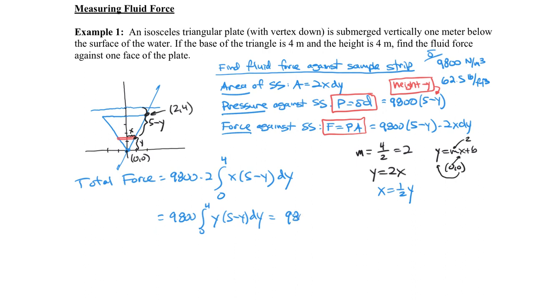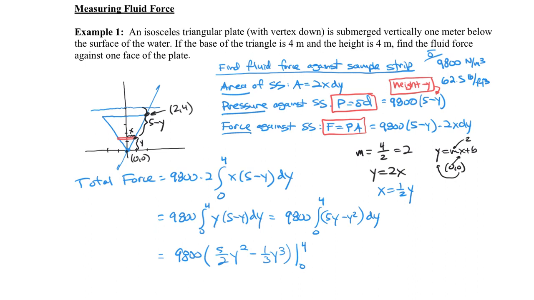which is 9800 times the integral of 5y minus y squared dy from 0 to 4. I guess this one's easy enough. We can just go ahead and integrate. We get 9800 times, we just have the power rule twice, so this becomes 5/2 y squared minus 1/3 y cubed from 0 to 4.